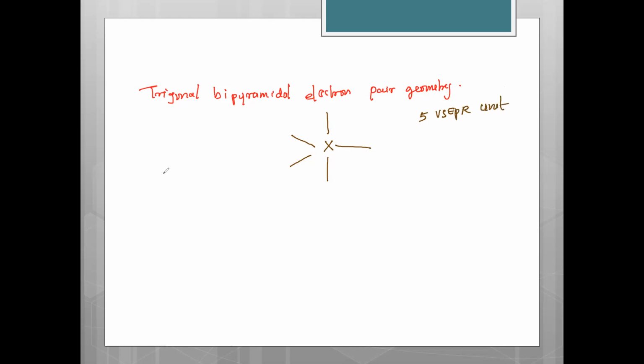Below this, we said we have 4 possibilities. If you have 5 VSEPR units, all 5 bonding pairs, what is the shape?